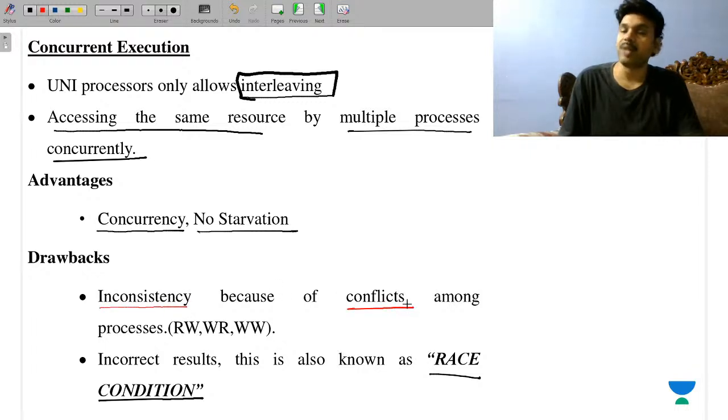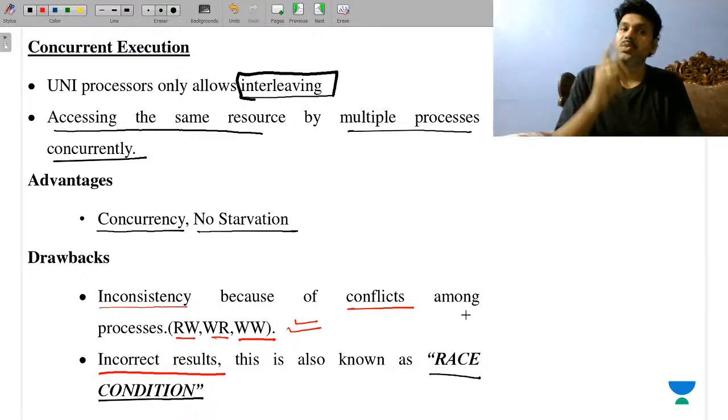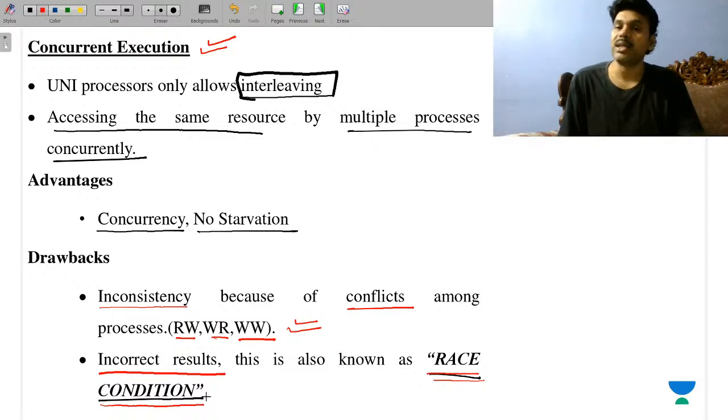Inconsistency because of conflicts. Read-write, write-read and write-write conflicts are also applicable here. Whenever sharing of resources is available, you automatically talk about RW, WR and WW conflicts too, and that provides incorrect results. You see incorrect results only in concurrent execution. That is a race condition.